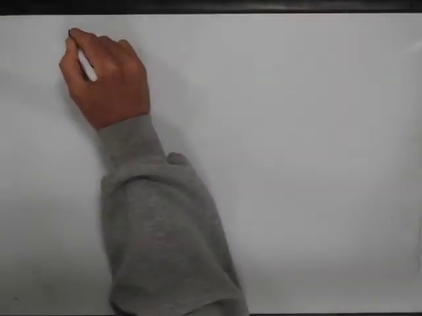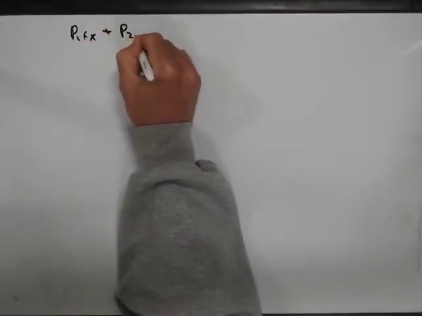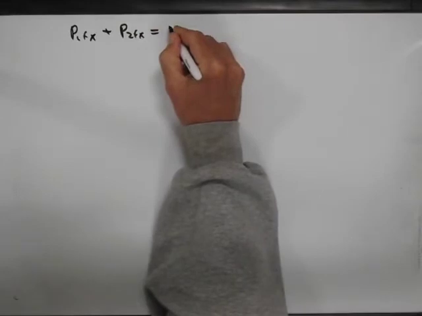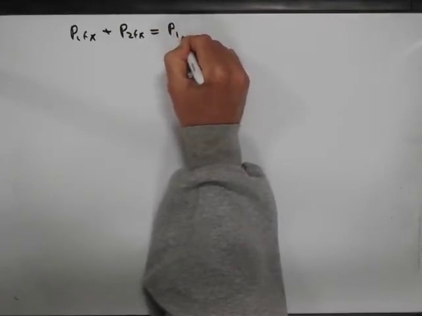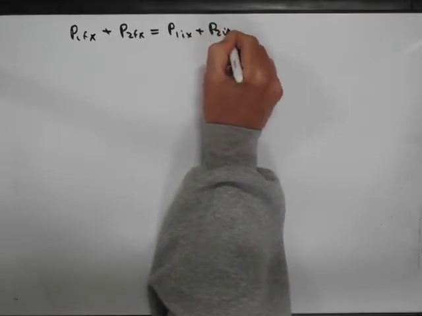And so what I said was P1 final x plus P2 final x is equal to P1 initial x plus P2 initial x.